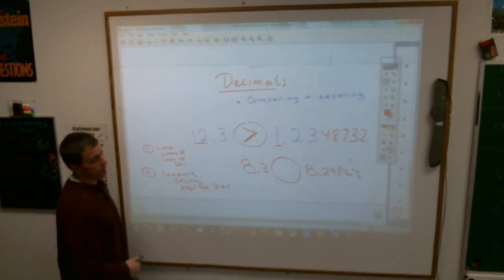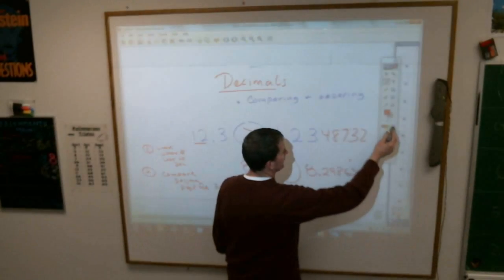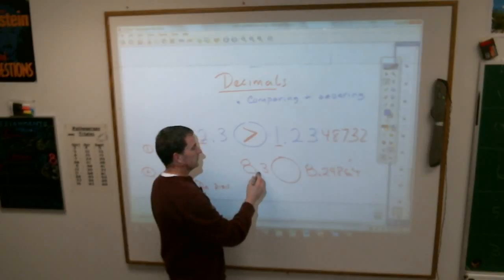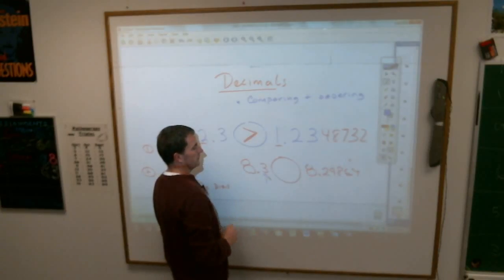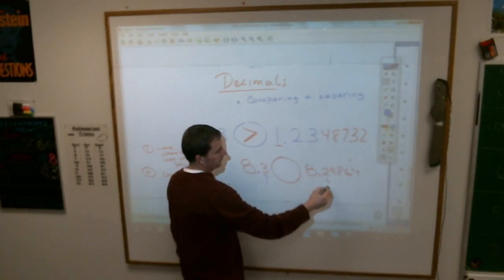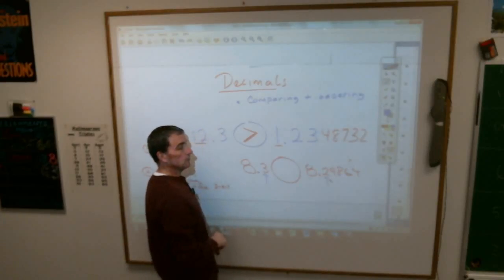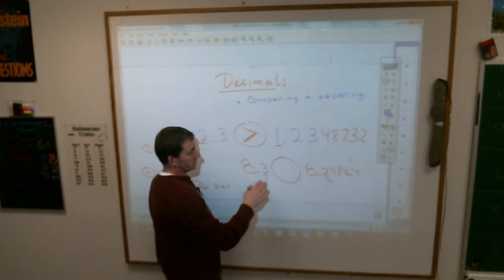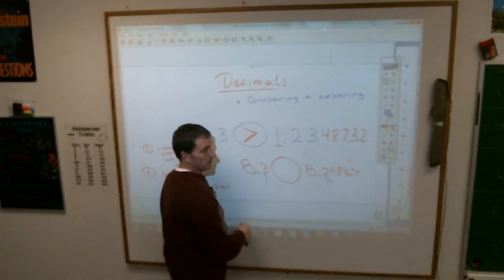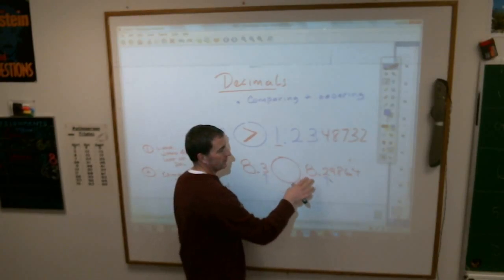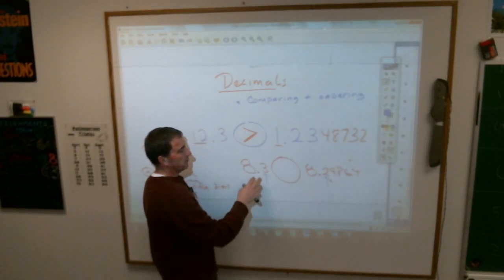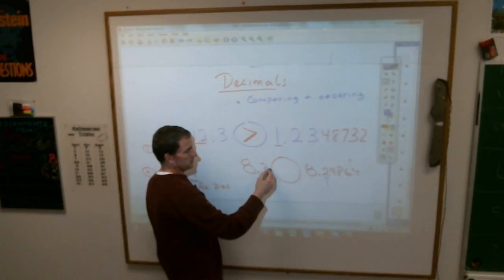You look at the whole numbers and they're the same. 8s are both the same there. Then what you do is you look and see, okay, the first place after the decimal there's a 3. The first place after the decimal there's a 2. And you can stop right there because 3 is always bigger than 2. It doesn't matter how many digits they have. If you look at money, I can always put a 0 here.